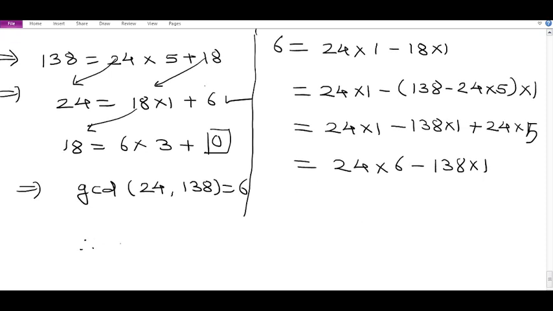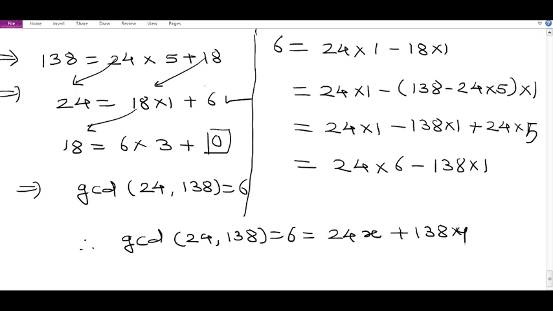Hence GCD of 24 and 138 is equal to 6, which can be written as 24 into x plus 138 into y, where x is equal to 6 and y is equal to minus 1.